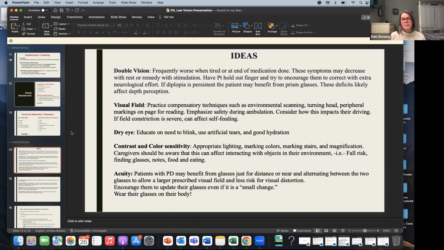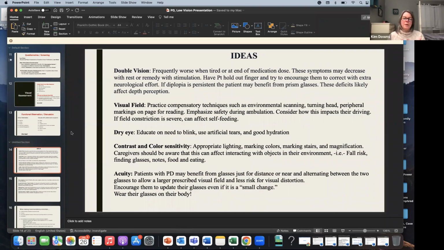And another thing that can make a big difference is using separate eyeglasses for near and distance. Or, if they really don't want to part with that progressive eyeglass, keeping the progressive eyeglass for distance, but then using a separate near eyeglass for near. The reason for this is the changes in ocular range of motion. People with PD frequently have trouble accessing that lower near part of their eyeglasses that they would use for reading.